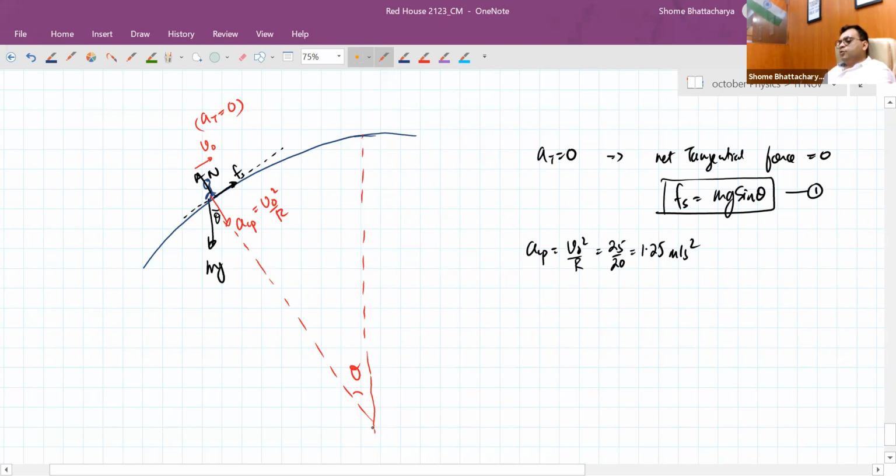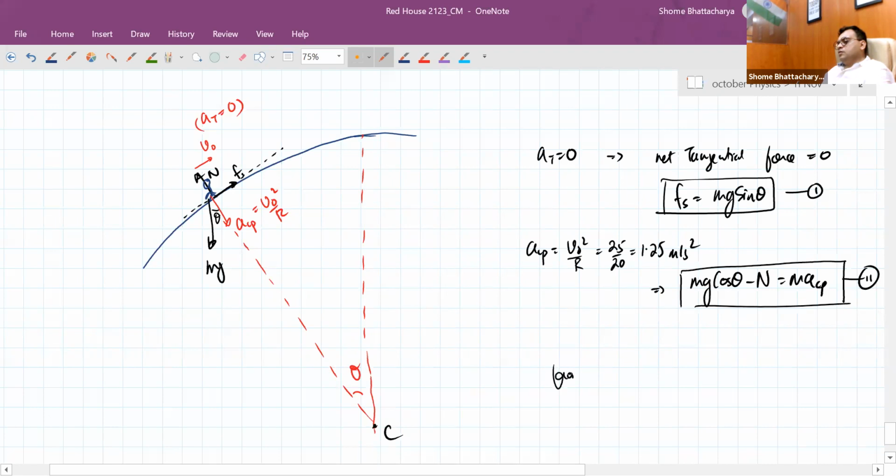So now the net force pointing towards the center is mg cos theta minus normal reaction, and that has to be equal to mass into centripetal acceleration. So that's our second equation. From equation 1, we have 300 Newton friction required.